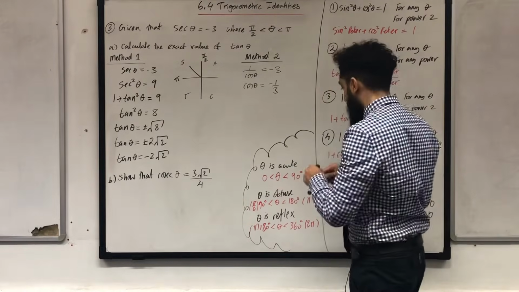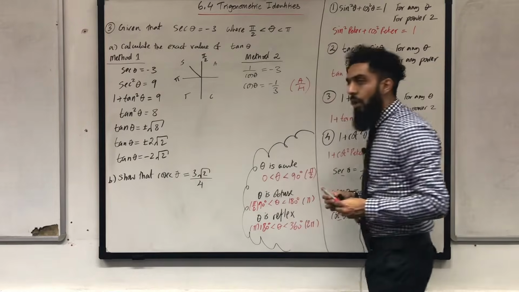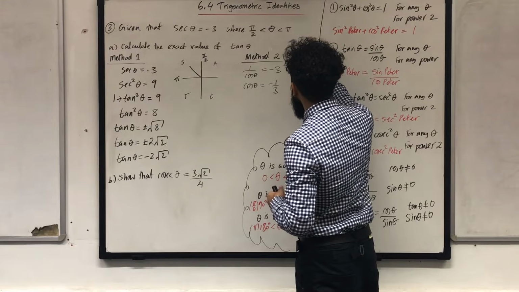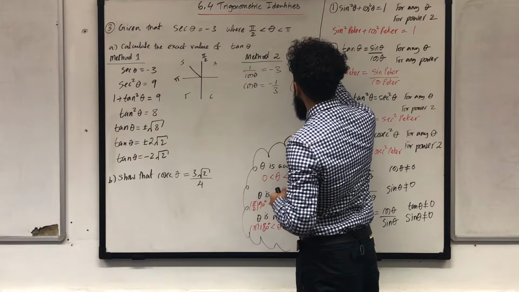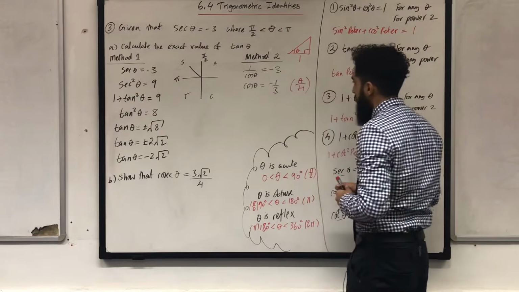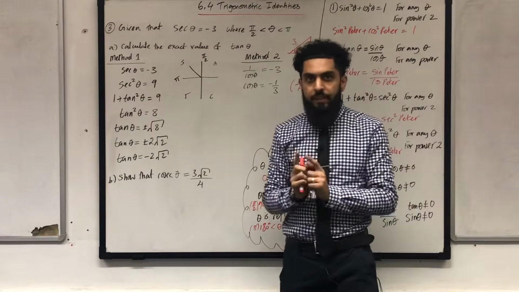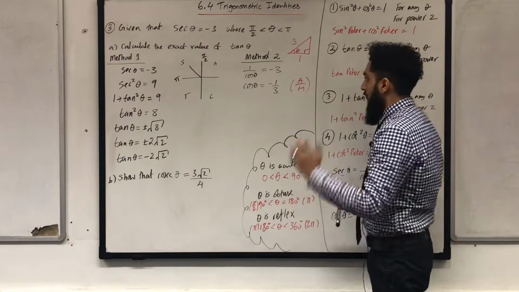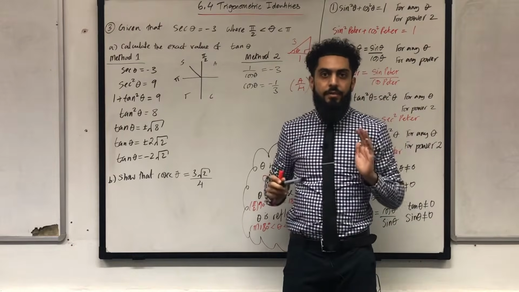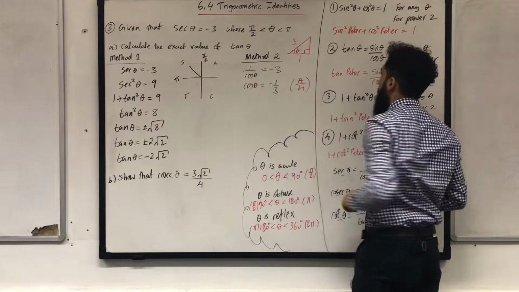Now, I know that cos theta is adjacent over hypotenuse, so I can form a right angle triangle. So here's my right angle triangle. The adjacent is 1 and the hypotenuse is 3. The reason why I take the positive value and not the negative value is that the lengths of a shape are always positive. So in this case I take positive 1 and over here positive 3.